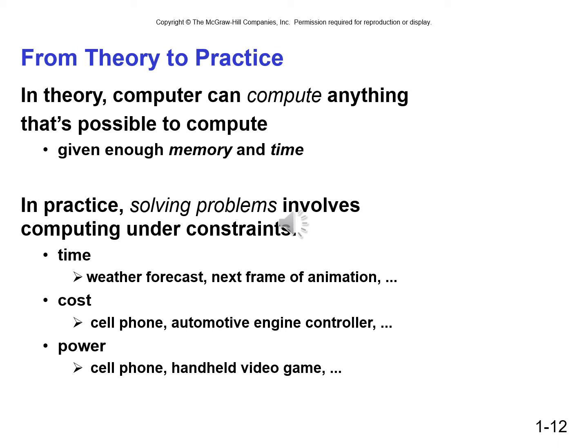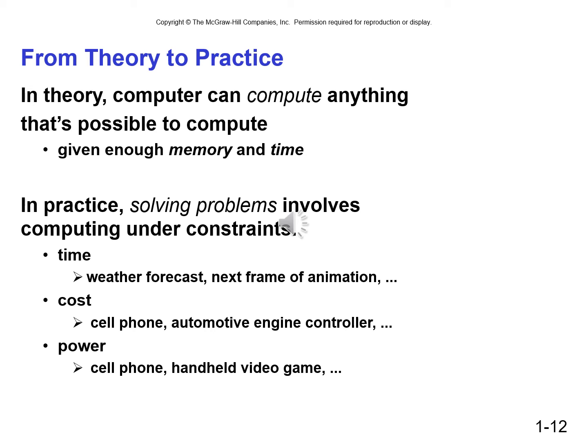So when you talk about weather forecast, next frame of animation, those are time constraints. Cost: cell phone, automotive engine controller. Imagine if the ECU in a car cost $50,000. Just one component in a car that you would purchase maybe next year. Power: the processors in a cell phone or a smartphone have to be extremely efficient.